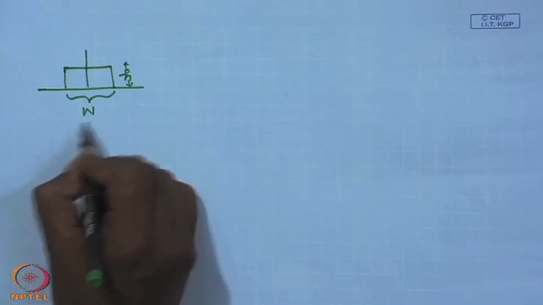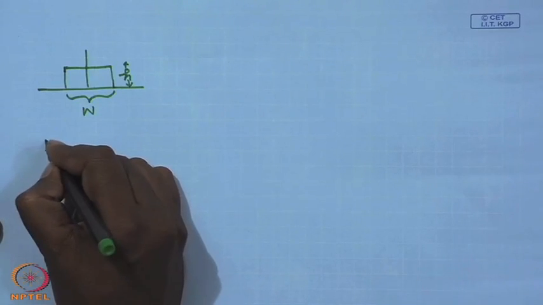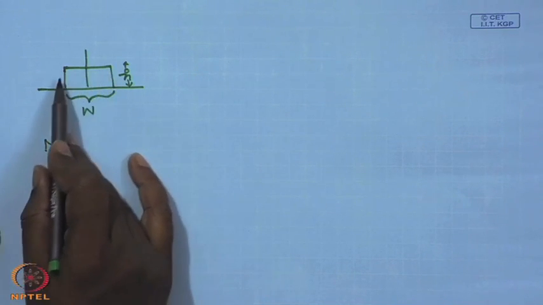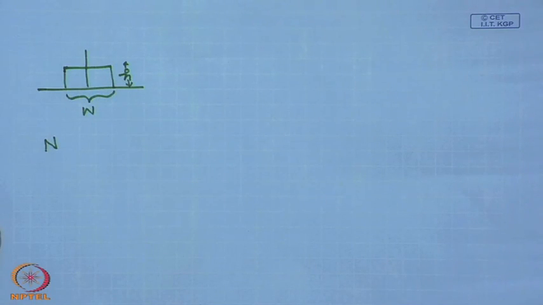If I fix the width of the window, then the height of the window will be determined by the total number of samples which are available for the probability density estimation. So, if I have a total of capital N samples, I will have N such windows, and the total area of all these windows taken together has to be equal to 1.